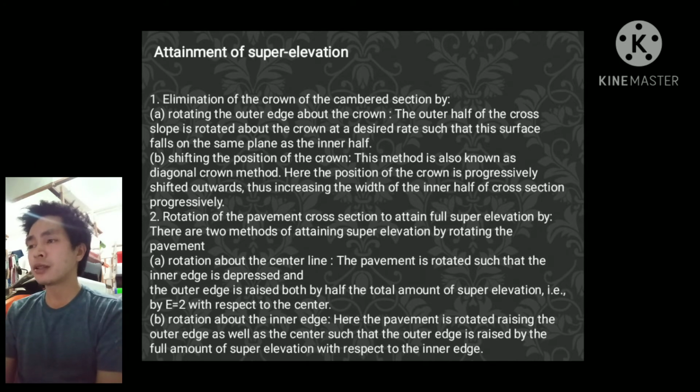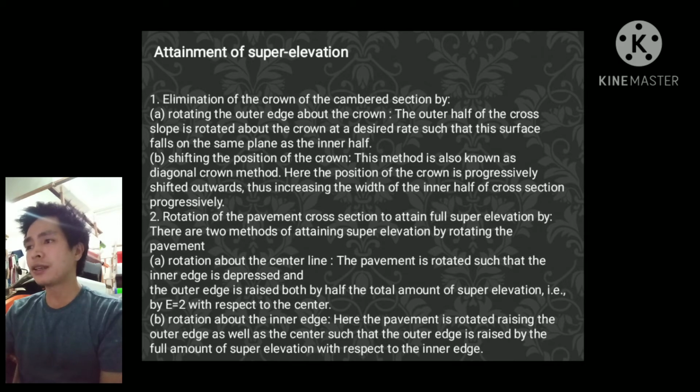Attainment of super elevation. Number 1: Elimination of the crown of the cambered section. A. By rotating the outer edge about the crown. The outer half of the cross slope is rotated about the crown at a desired rate such that this surface falls on the same plane as the inner half.